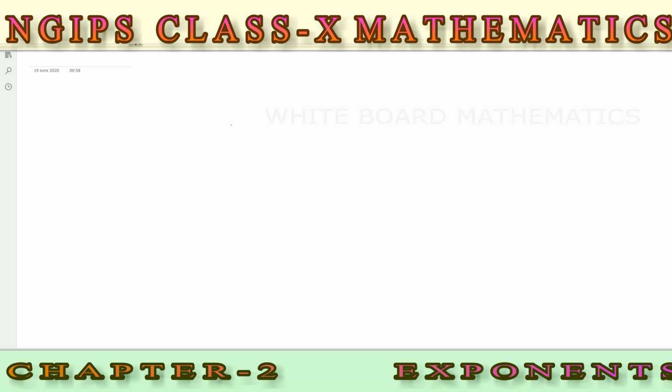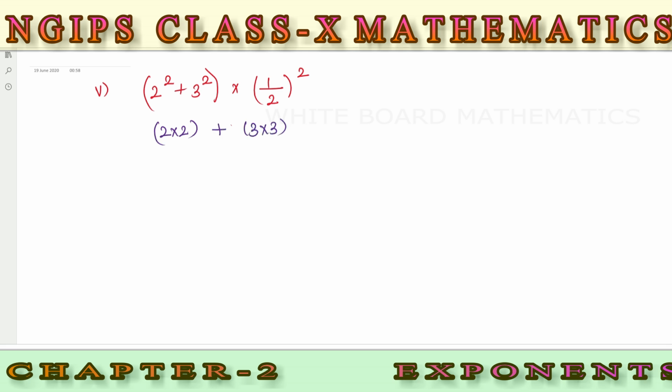Next one we have the fifth question. 2 power 2 plus 3 power 2, into 1 by 2 whole square. Now if you look at this, 2 square is 2 into 2, plus 3 square is 3 into 3, into this square is common for both, I can write 1 square divided by 2 square.